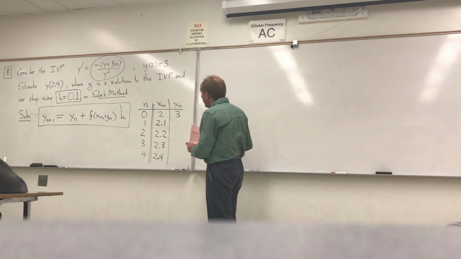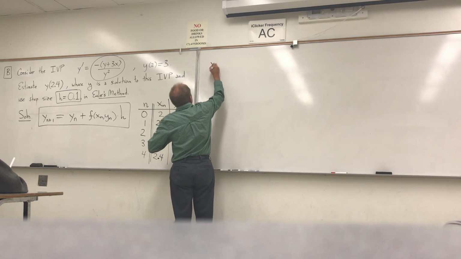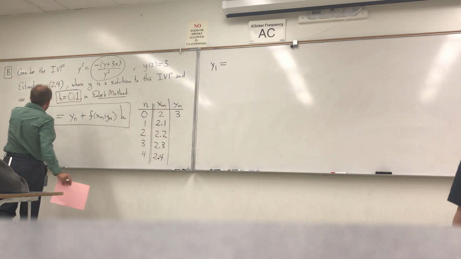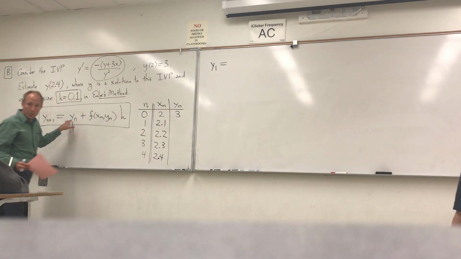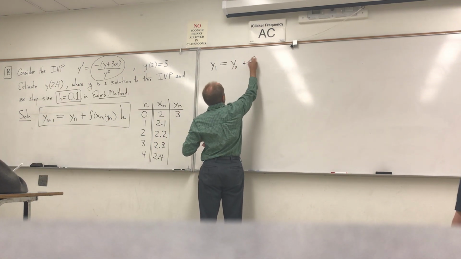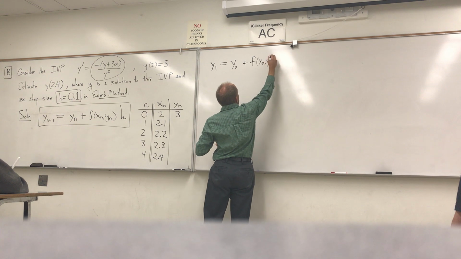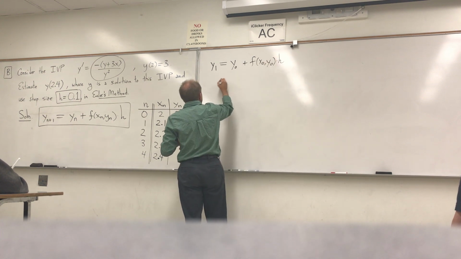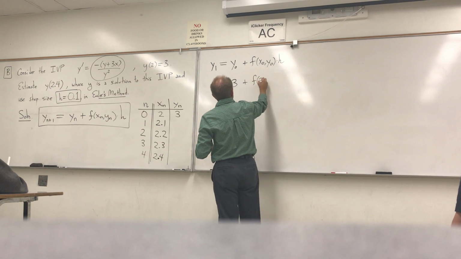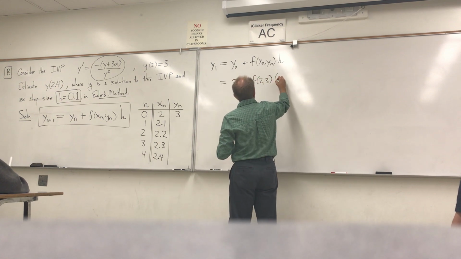So, for example, y sub 1, so I'm going to use this board for my scratch work. To figure out what y sub 1 is, I'm going to take y sub 0. In fact, let me just write it out. y sub 0 plus f of x0, y0 times h. And let's just plug everything in that we know. y0 is 3. We're going to do f of 2, 3 times 0.1.